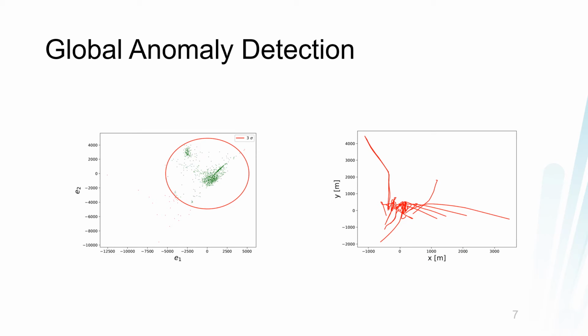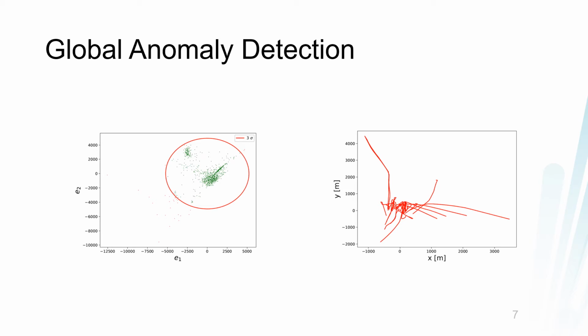What can then be done is that we can evaluate these trajectory representations in this low dimensional space. So on the left-hand side here, we see a representation of a case study where we've projected all of the trajectory vectors onto this low dimensional space. So here you see the first and second largest eigenvectors, or the two eigenvectors with the largest eigenvalues. And what one can then do is threshold various values by fitting a normal distribution onto the data itself.